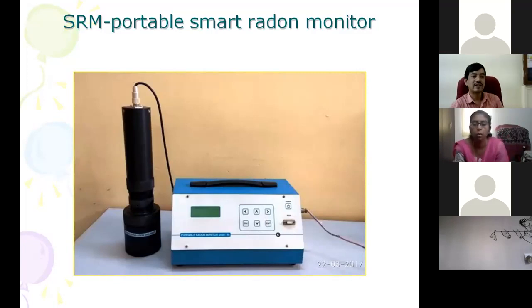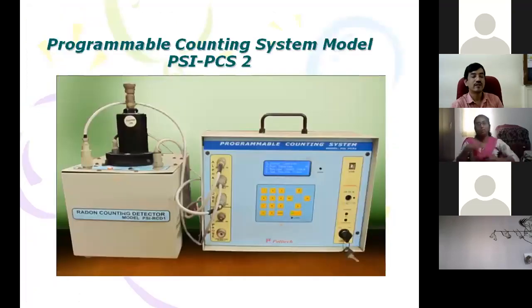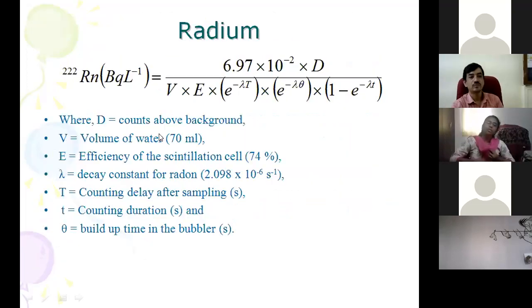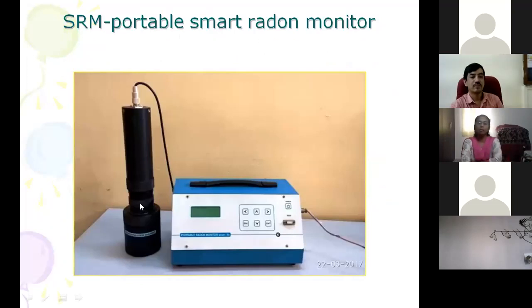Directly, you can put the soil sample into this chamber and get the exhalation rate. This is the scintillation detector. The same Lucas cell is fixed in this chamber.